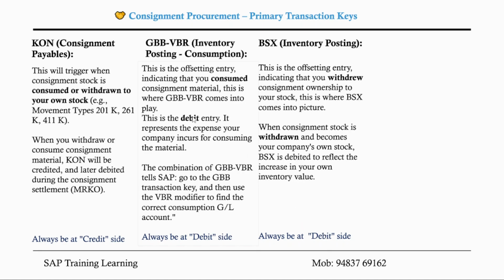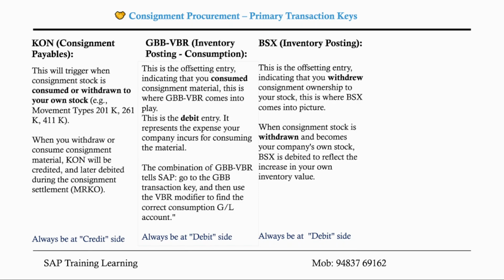If you also see the logic, here is your consignment stock, KON, and if you start consuming it, this will be debited, this will be credited. And when you change the ownership of consignment stock, again this will be debited, because your consignment stock is decreasing, and this will be credited. That's the reason KON will be on the credit side, and this too will be on the debit side.